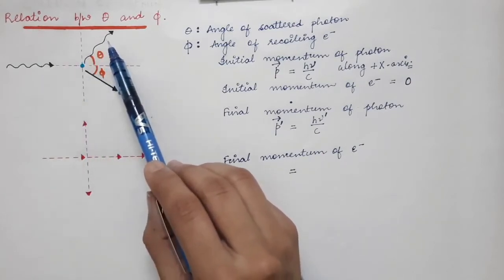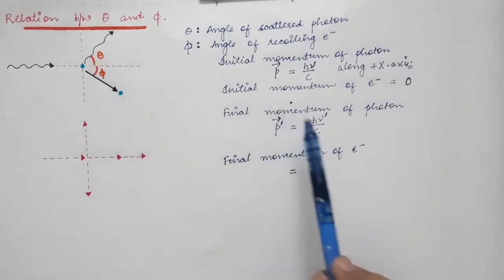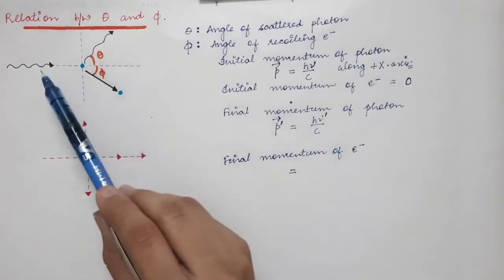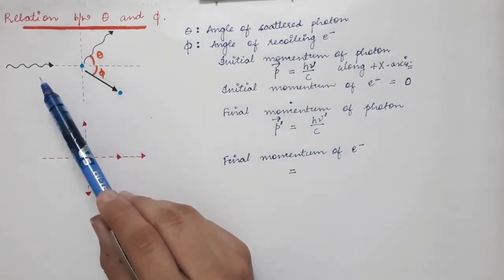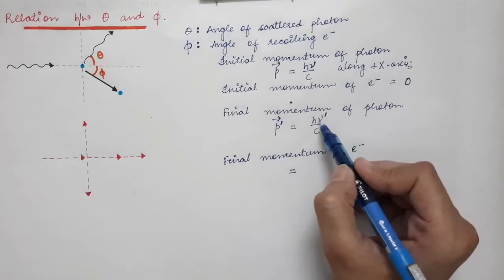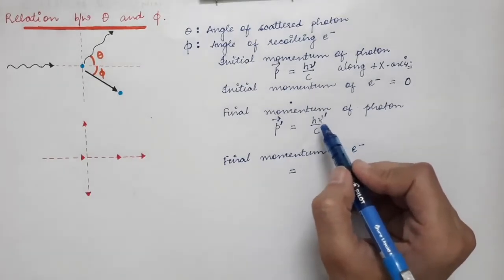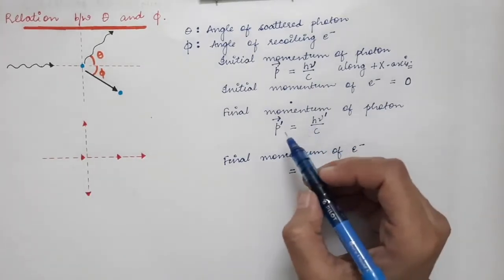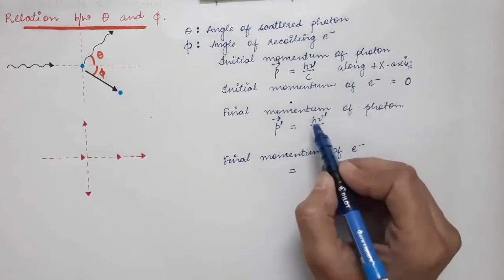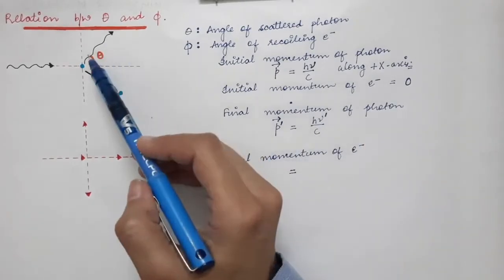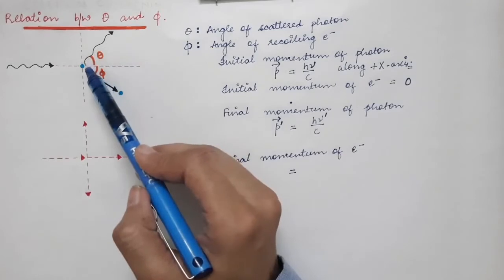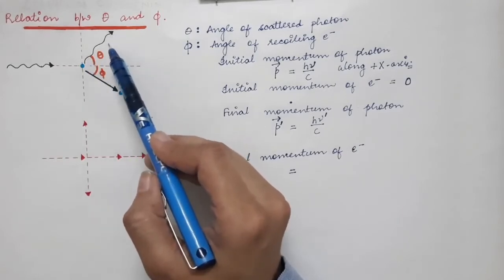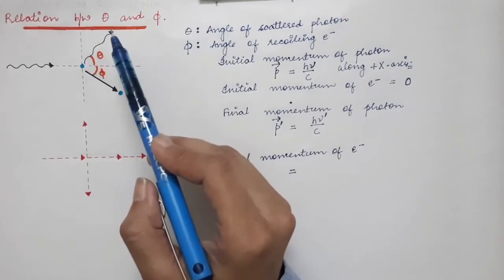So nu prime will be less than the frequency of the incident photon, and the momentum of the scattered photon will be along the direction in which it is propagating.